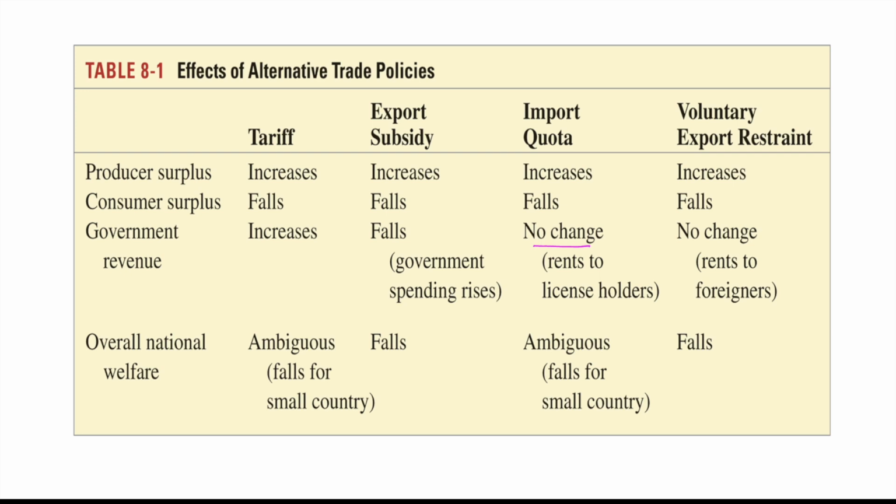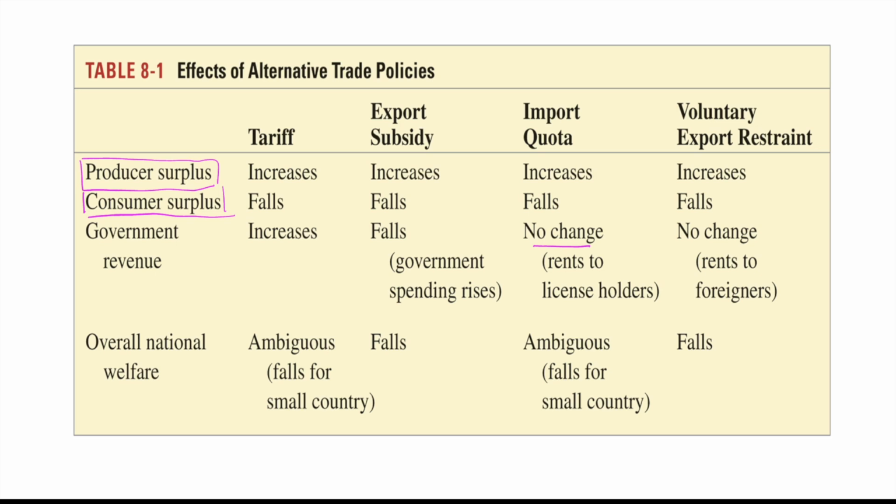So you may notice certain patterns here. All of these trade policies are meant to protect producers because in all of these cases, if we look at producer surplus, it increases. But when we look at consumer surplus, it falls in all of these cases. And what about national welfare?